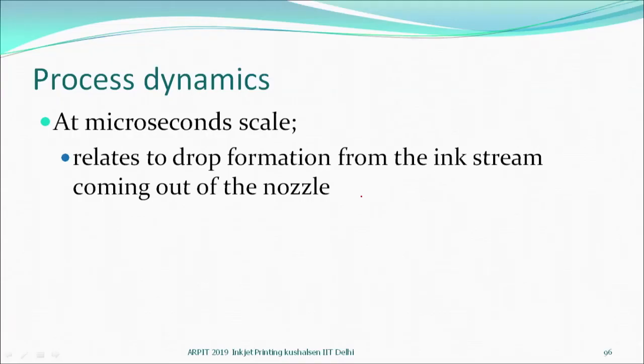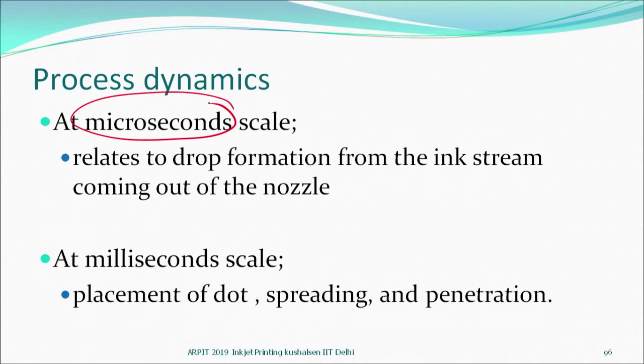So, before we go a little further, why is this whole thing complex, other than the chemistry of the molecule? The process dynamics itself. At a microsecond level, as the drop is forming and things are happening, this is the time when the drop formation takes place, and the ink stream as it is coming out happens in this small time scale.